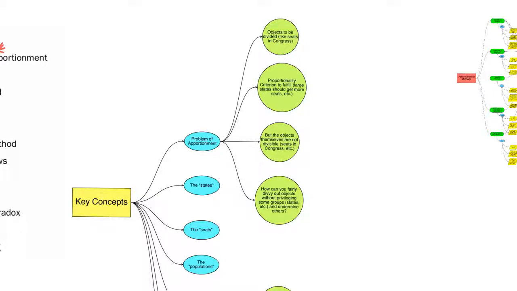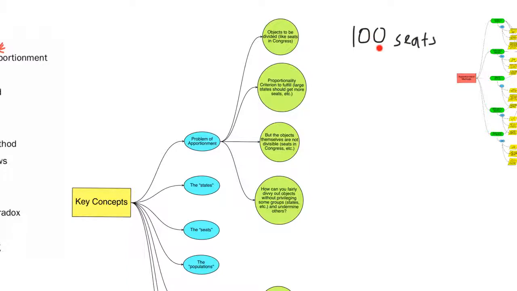So let's say we've got 100 seats in Congress, something like that. 100 seats. And unfortunately, each of these seats cannot themselves be divided. A seat is just a seat. There's not such a thing as 0.5 of a seat and so on, right?